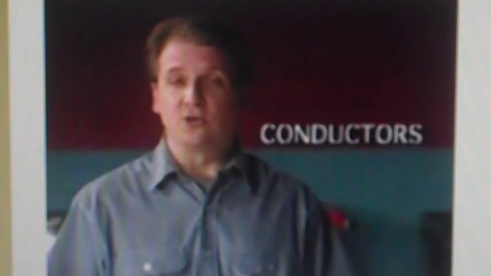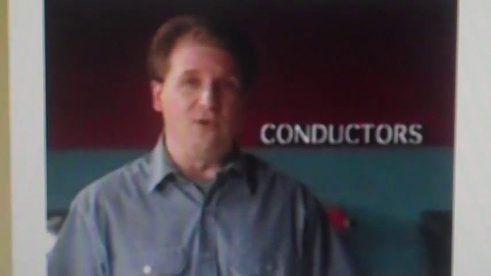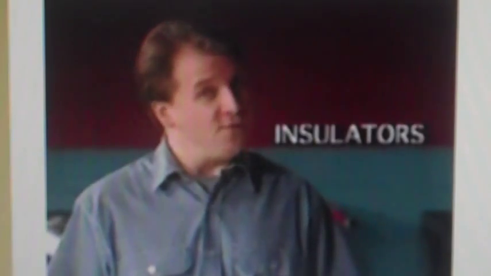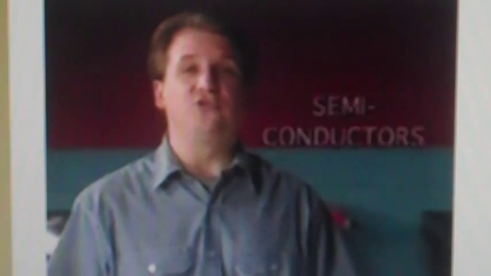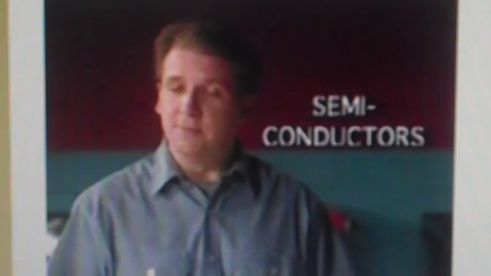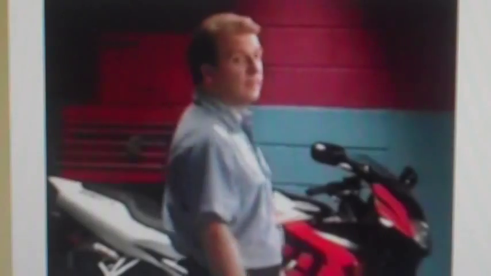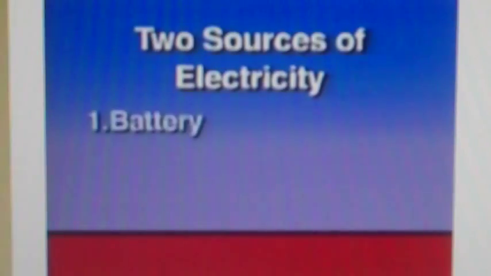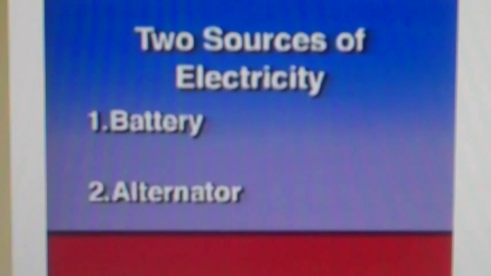Certain materials promote or inhibit the flow of electricity. Conductors allow efficient current flow. Insulators prevent current flow. And semiconductors conduct electricity under certain conditions, but not under others. The 2 sources used to supply electricity on a motorcycle are the battery and the alternator.